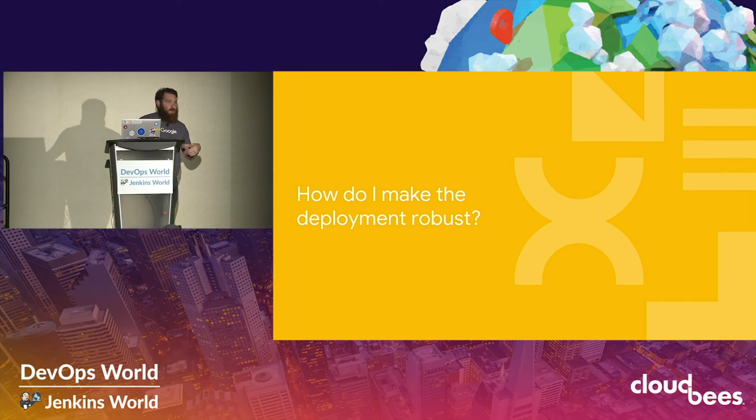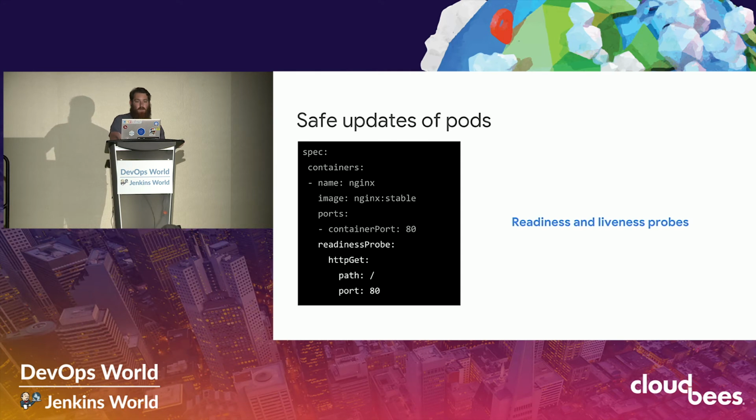Cool, so now we've talked about going through the rolling update process. How do you make that more robust? Well, first, you have the ability to set a readiness probe on your deployments and your pods. And this is the way that you tell Kubernetes that your pod is ready to receive traffic. This is a very important concept, and it's kind of the place where the application and the infrastructure really meet.